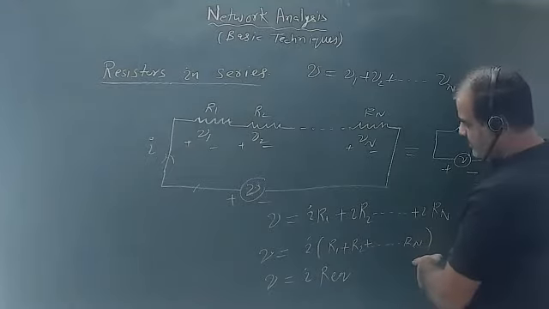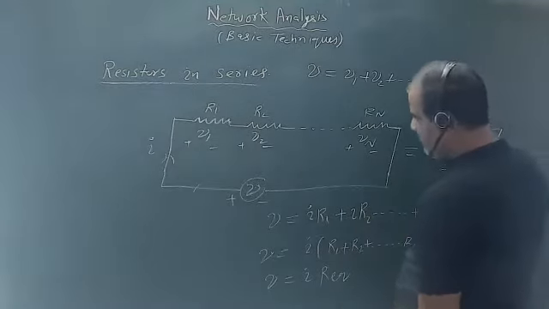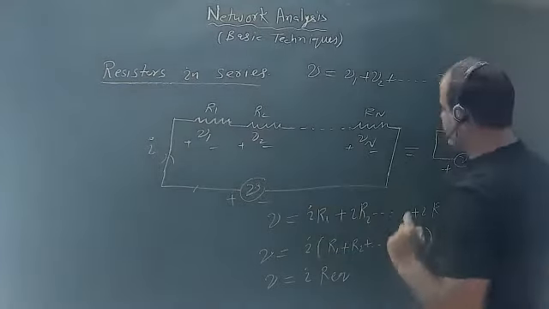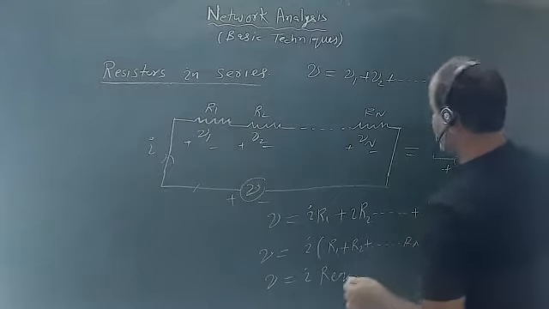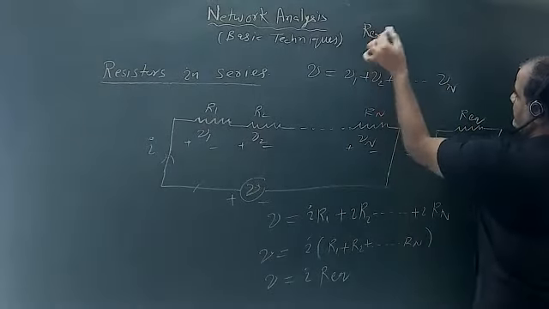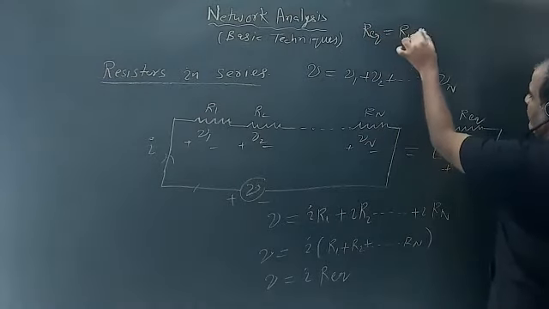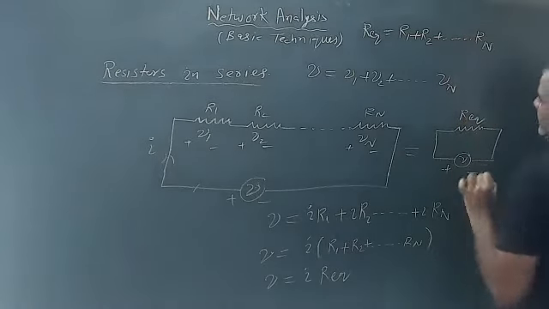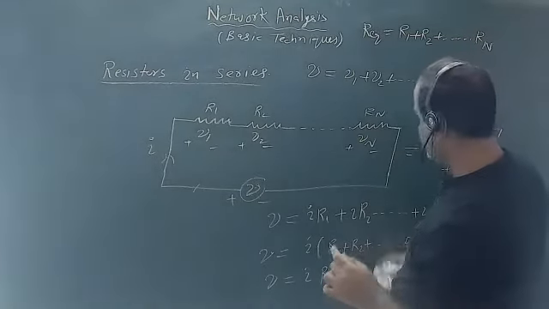Okay, so that means in series the equivalent resistance is equal to the algebraic sum of the resistances. ये सब आपको पता ही है. I'm just for completeness taking this part. Okay, now this is series.